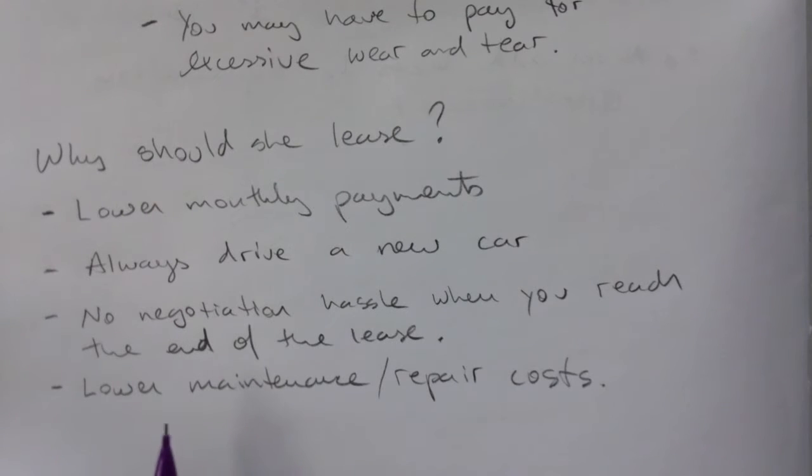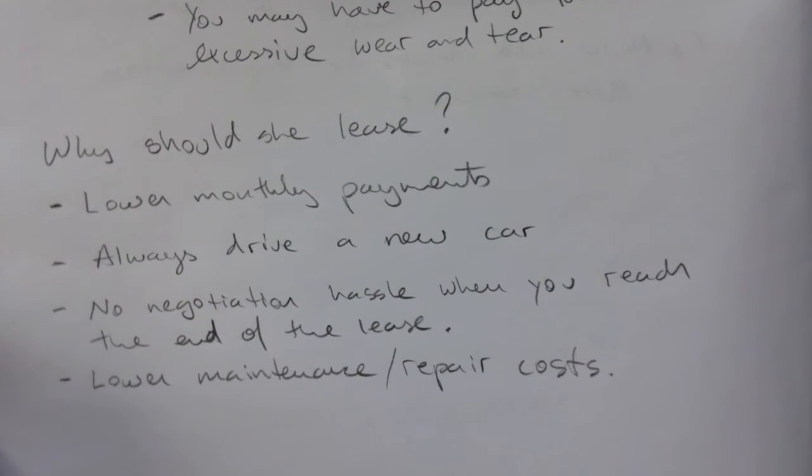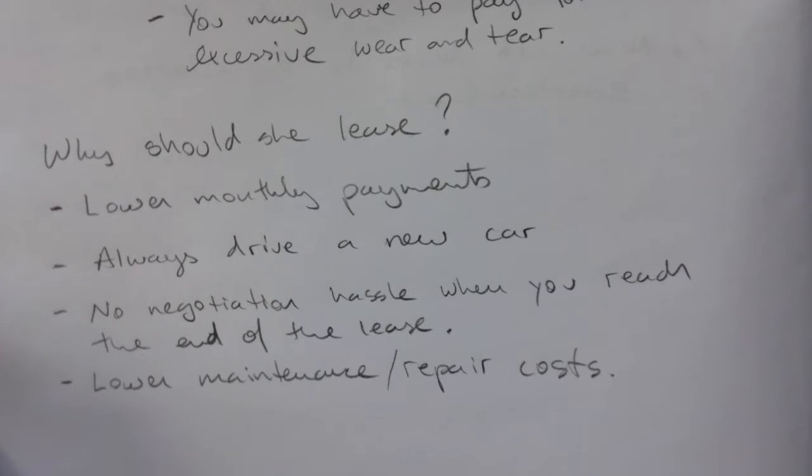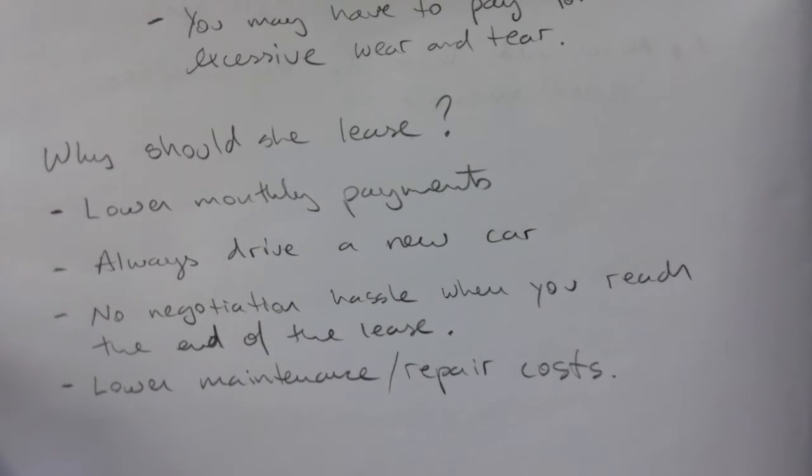Well, since you're always driving a new vehicle, you are under warranty most likely, so big ticket items will not be an issue for you. If your transmission goes, it's covered. Because you're always driving new vehicles, transmissions, engines, anything like that. Obviously, you're liable for oil changes and stuff like that, but that's the case with any vehicle.